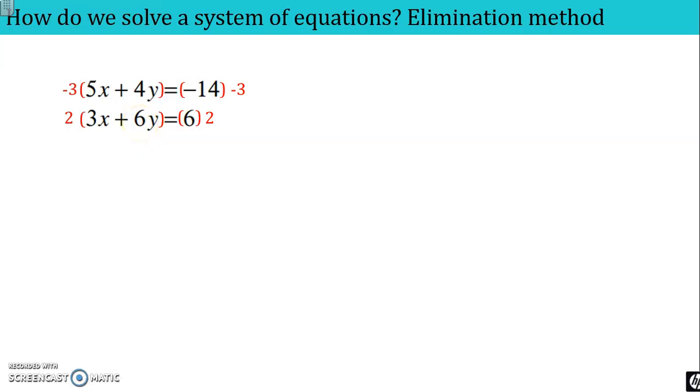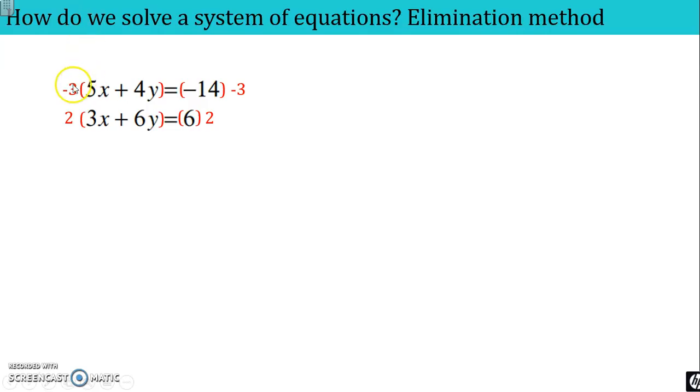So I will have achieved the opposite coefficients that I wanted. Is this the only way to achieve opposite coefficients? No. Some of you may want to create opposite coefficients here. You can do that too. There's many different ways to do this, so long as you're creating opposite coefficients.